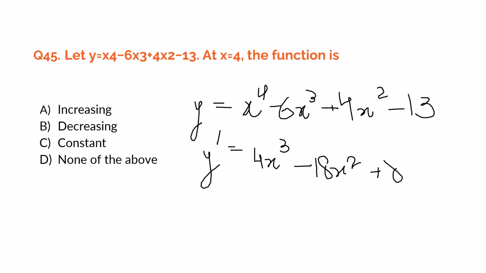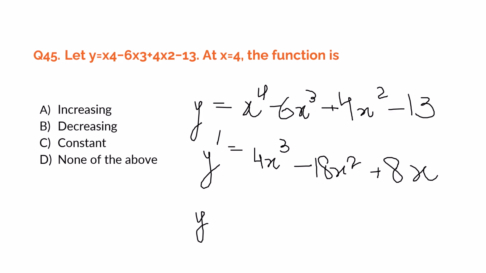And we have to check whether the function is increasing, decreasing or constant. So let's put the value x equals 4. If the value of y dash is greater than 0, that means it's a strictly increasing function. If less than 0, it's a strictly decreasing function.